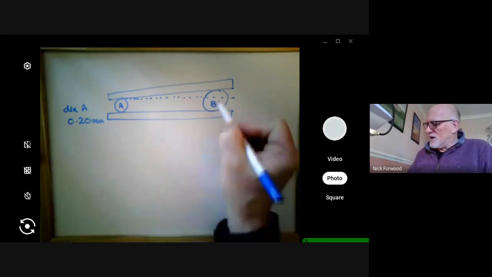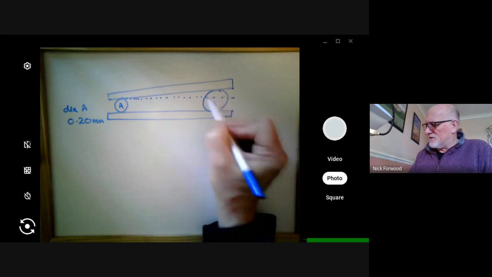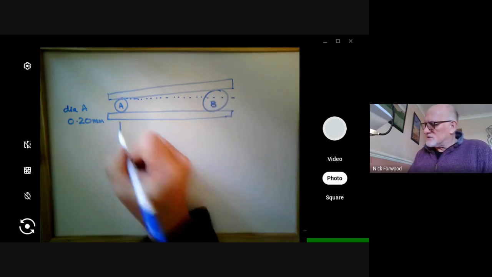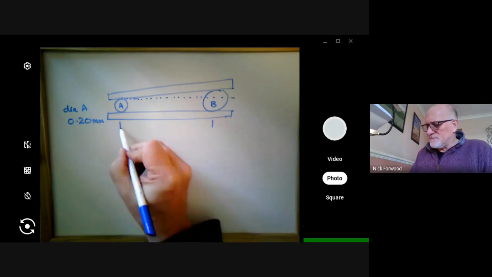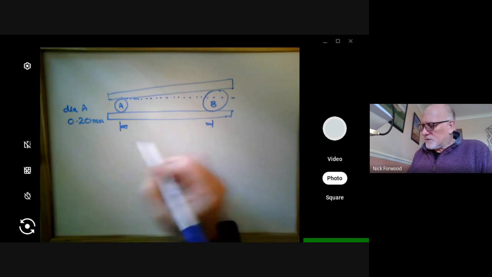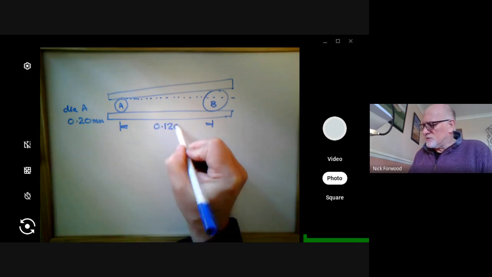This optical fiber is obviously thicker, and what we've got to do is calculate how much thicker this one is than this one. So we need to know this distance here, which is 0.120 meters.